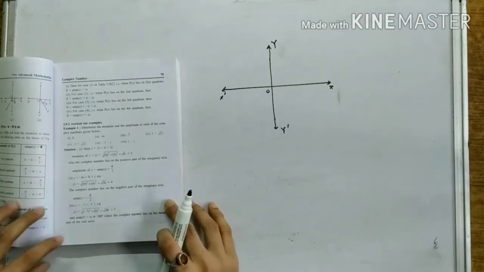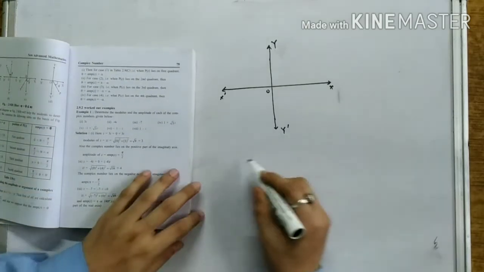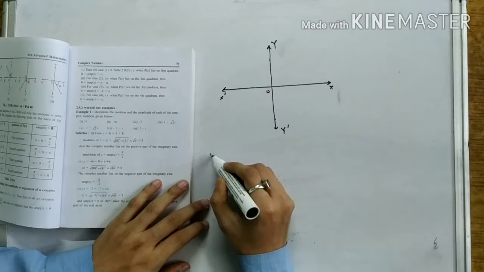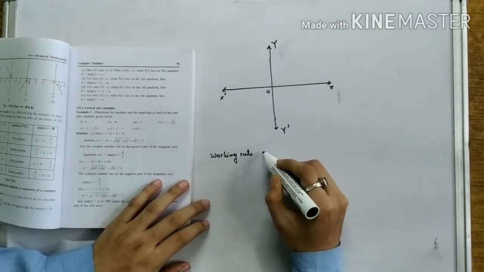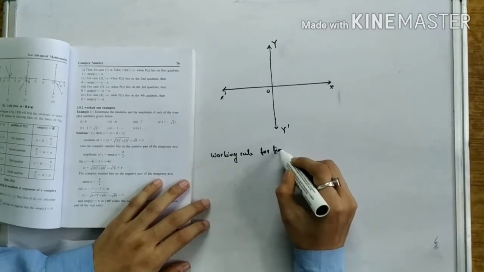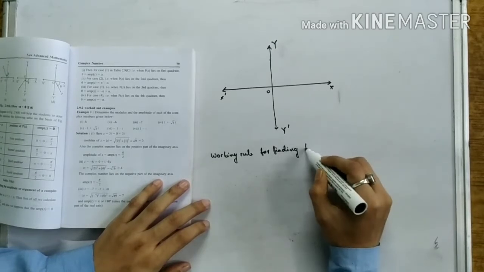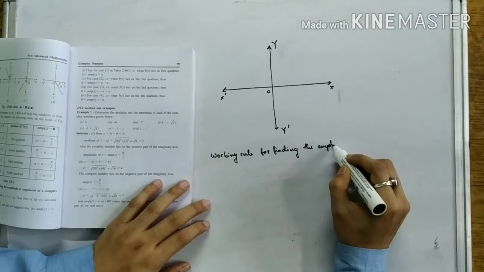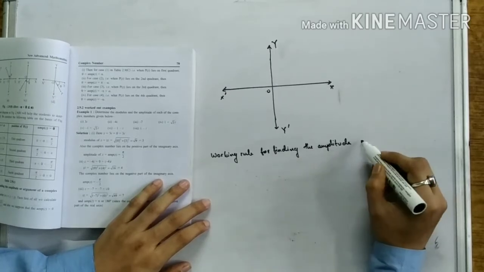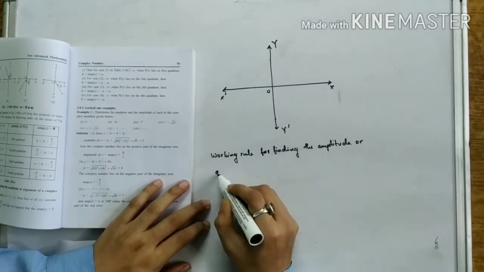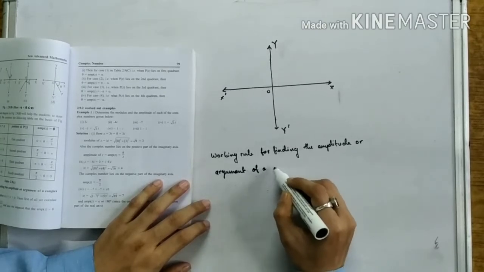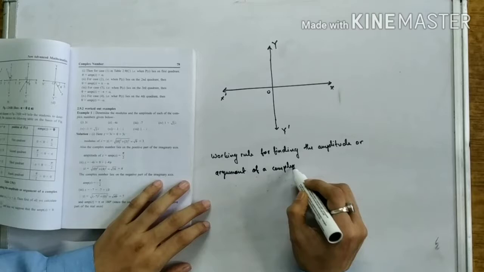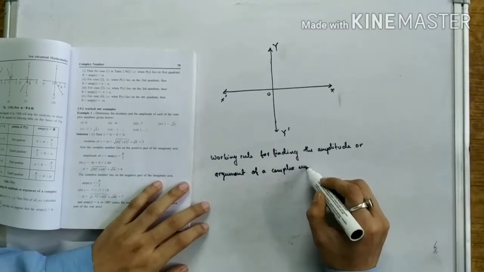Now we will discuss the working rule for finding the amplitude or argument of a complex number.